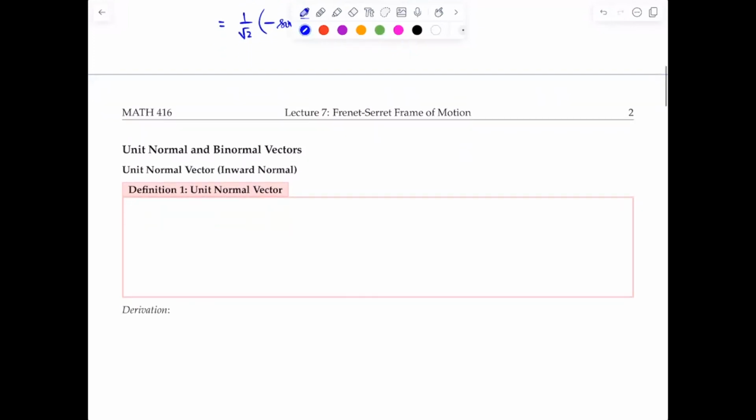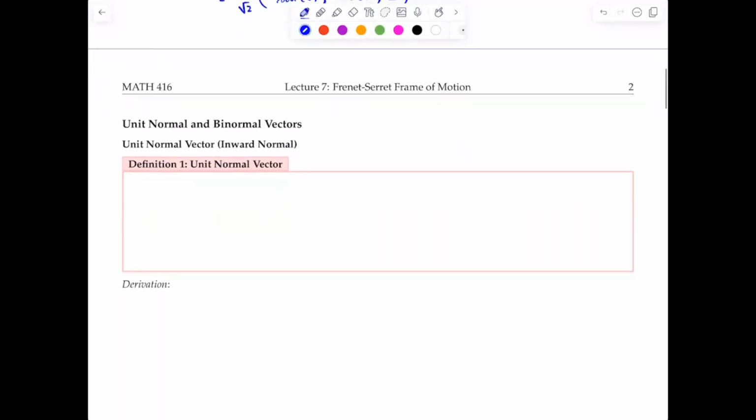So the definition for the unit normal vector: let capital C, or fancy C, be a smooth curve represented by r of t over an open interval.